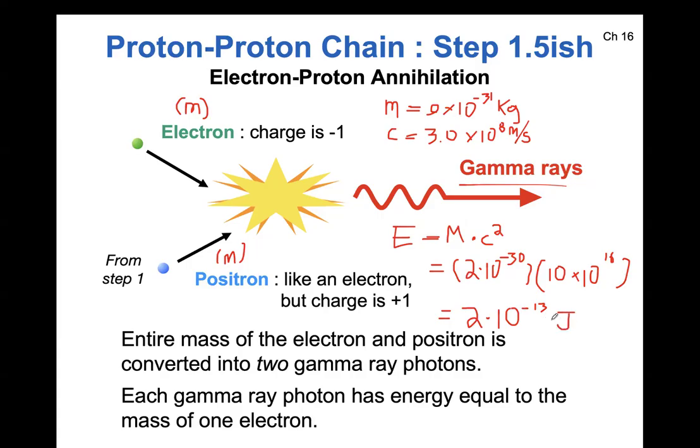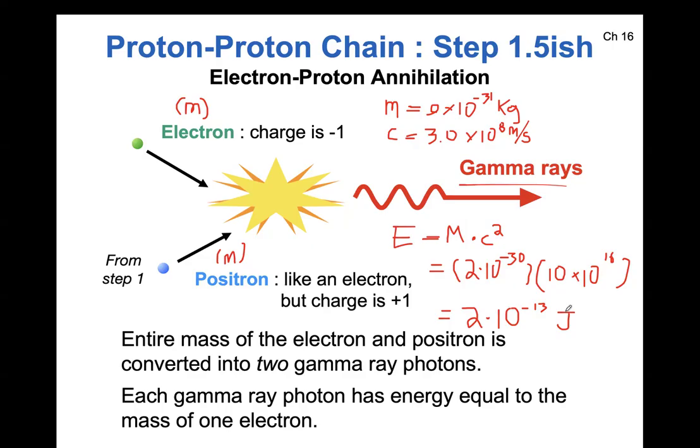Okay, so you might think, well, 2 times 10 to the negative 13 is not a very big number, but it actually is a really big number. I mean, you only need 1 trillion electrons to get 1 joule, right? If you want a little bit more, you need 10 trillion electrons, because a trillion, of course, is 10 to the 12. 1 trillion electrons is not that many.